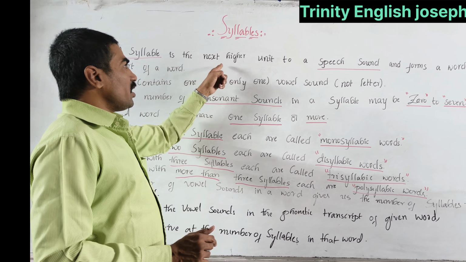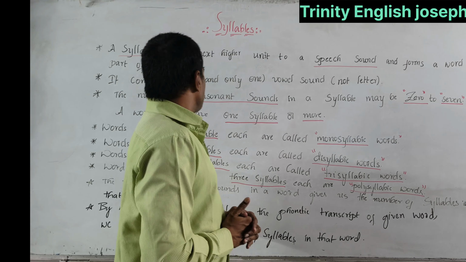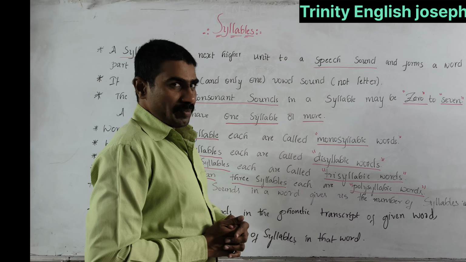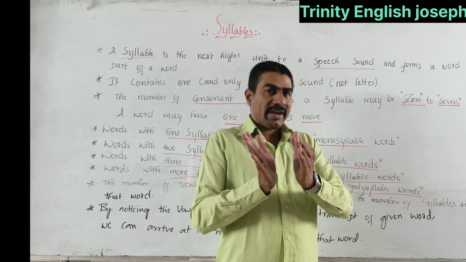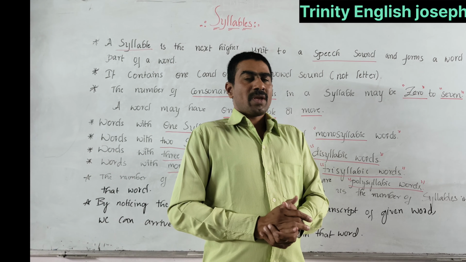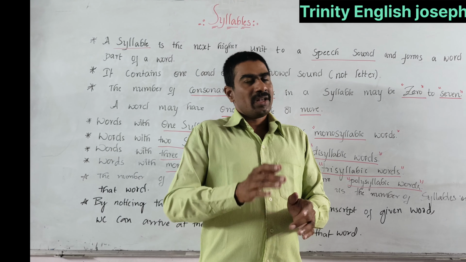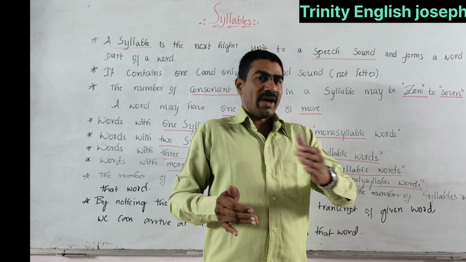A syllable is the next higher unit to a speech sound and forms a word or part of a word. After the letters, the next biggest unit is the sound or the syllable. After the syllable, the next biggest unit is the word. Then afterwards, sentence, paragraph, and so on.